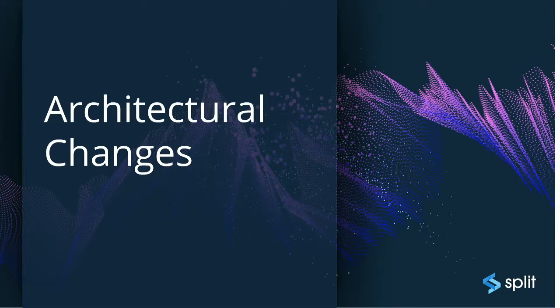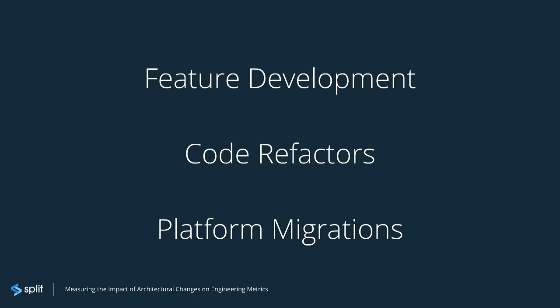With regards to architectural changes, a lot of people have a lot of different views on what architecture represents. For me, I think that is really any part of your system that powers the core product features and the core value proposition, but may not necessarily represent a true feature in and of itself. This does start off with the feature development and all of the technology that supports that.